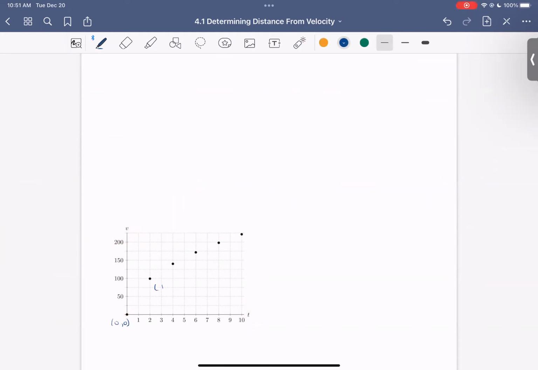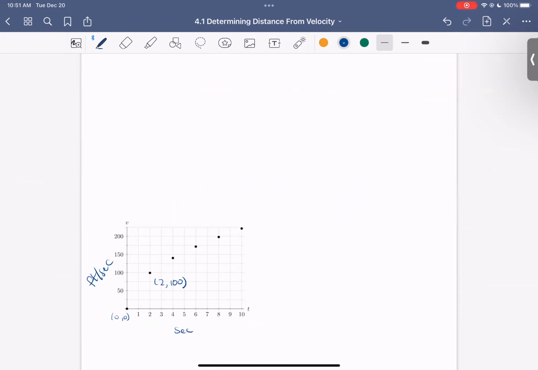At 2 seconds, we've gone 100 feet per second, etc. So we only know from the table the velocities at these specific moments of time.